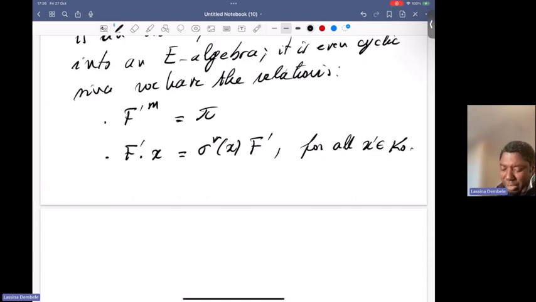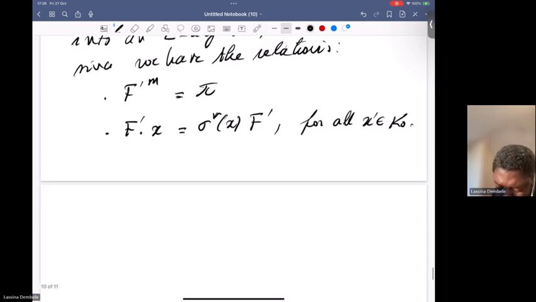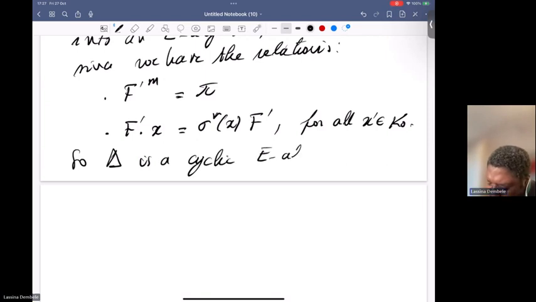So by construction, these are the relations that we have, and this is what the definition of a cyclic algebra is: you give a set of generators and then you give a relation. Saying that it's cyclic means that the action of one of those generators is given by a cyclic extension. So delta is a cyclic algebra, and that proves the lemma.